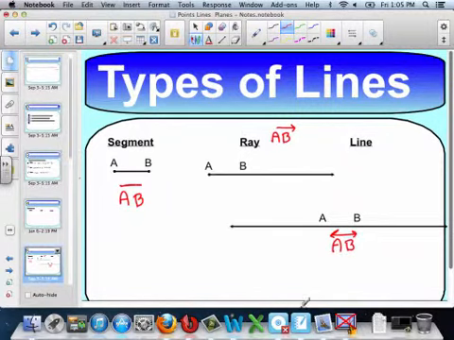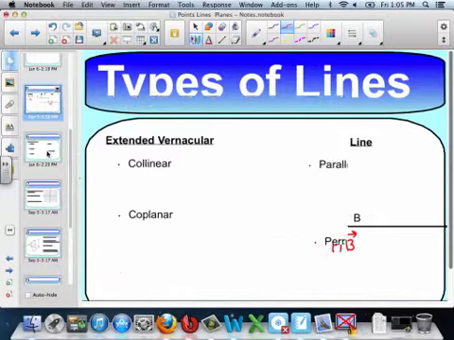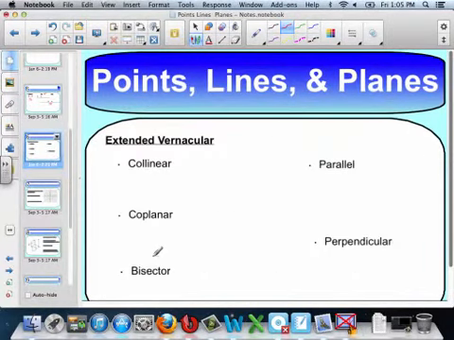Okay, let's do some more definitions. All right, guys, what does that prefix co mean? Taylor, what does co mean as a prefix? Like cooperate, to assist.